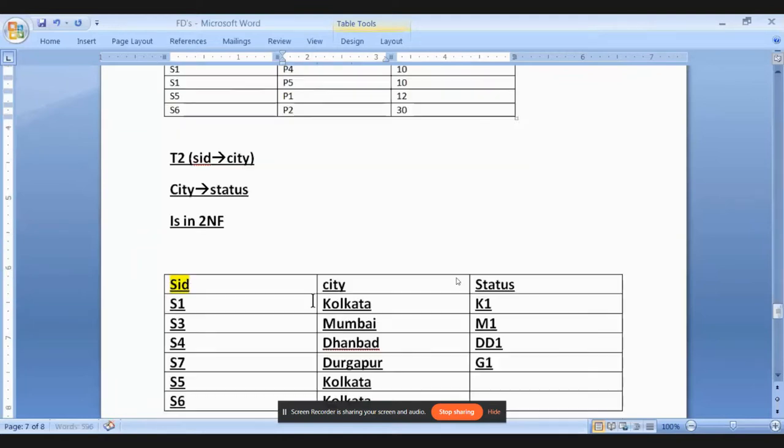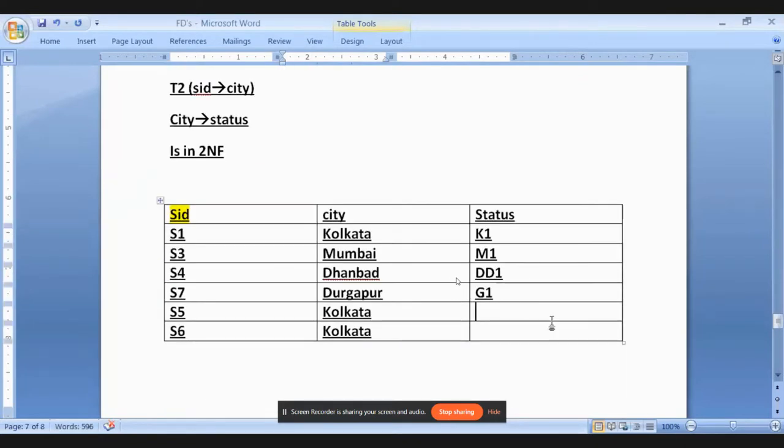In table T2, the repetition is redundant because it is unnecessary. Even if I don't keep the status of Kolkata in successive tuples, I can find from the very first row that the status of Kolkata is K1. So it was not lost. The information will not be lost if I don't mention them.